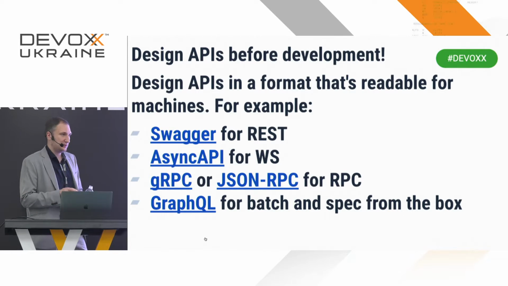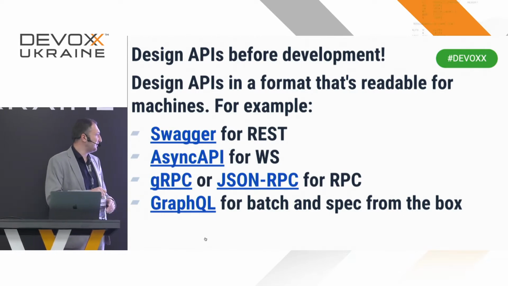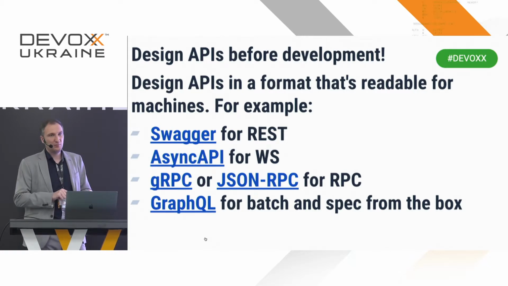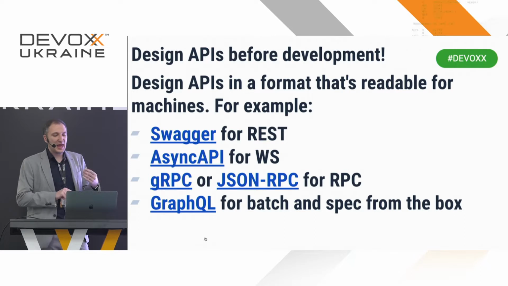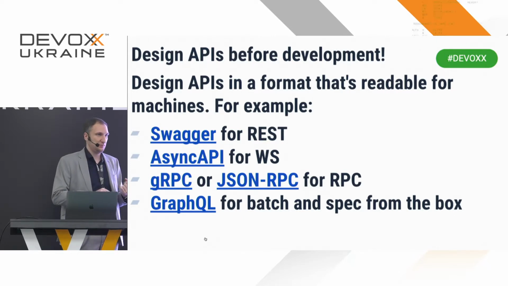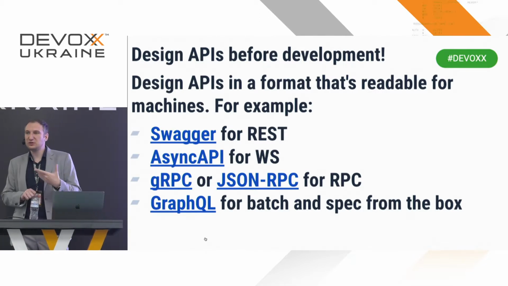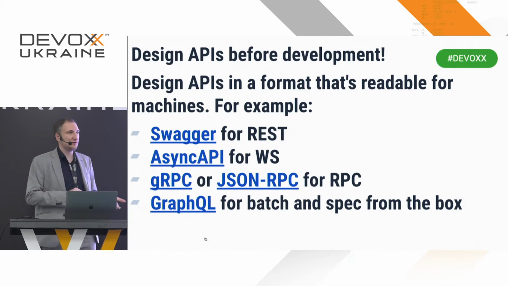What's the benefit of using some of these specifications? You will have the ability to describe your API as human and machine readable. You can use it for mocking your server. You can create automatic tests for that.